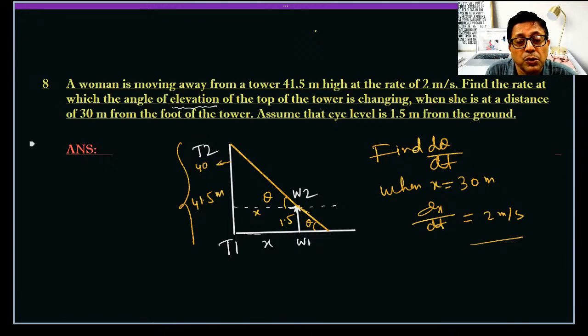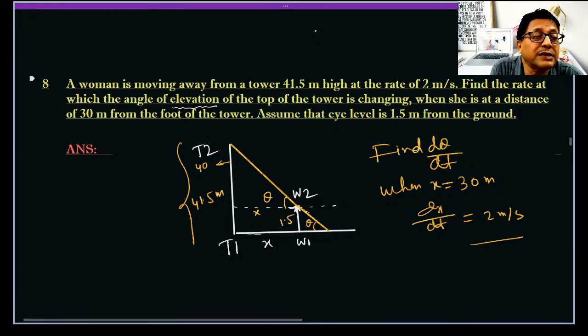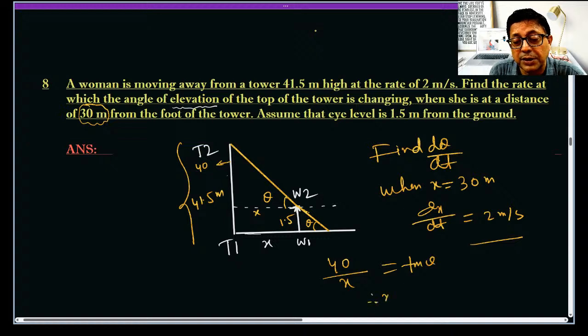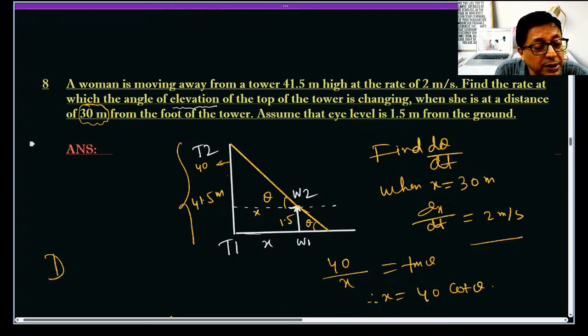Now distance between the tower and the woman is 30 meters. This is instantaneous. 30 meter is instantaneous case. At that instant we are going to find. So this one also x. Now this 40 and x are related. How? 40 by x equal to tan theta. So x equal to 40 cot theta, isn't it?